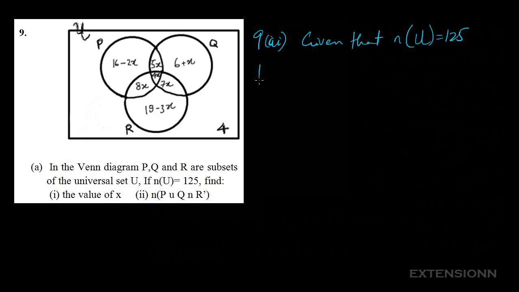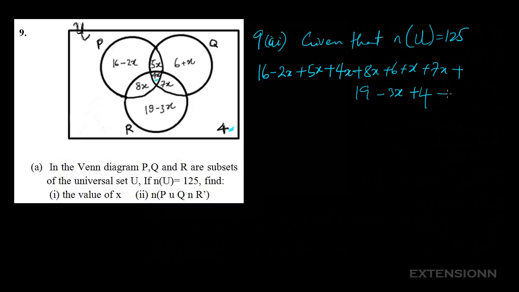So we'll have 16 minus 2x plus 5x plus 4x, this is 4x here, the intersection between P, Q and R is 4x, plus 8x plus 6 plus x plus 7x plus 19 minus 3x plus 4, okay, this 4 here, equals 125.